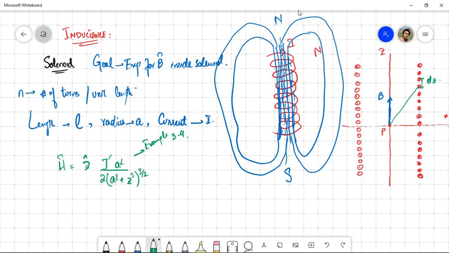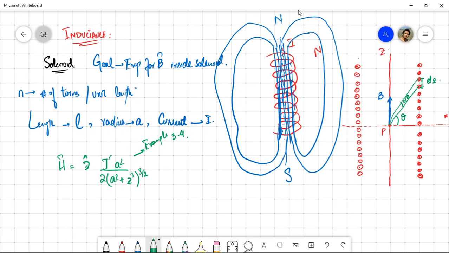So this is the one r, and this is the second r. The angle between these two is going to be d theta, and the angle from this is going to be, sorry, theta. So now he wants to modify this equation according to this scenario.